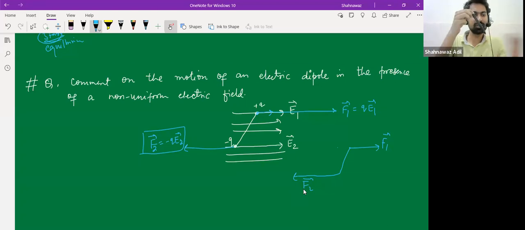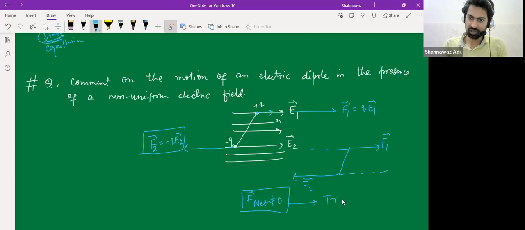And let's say this part has more force and this has lesser force. So it will move in this direction, right? So it will have a translation motion. F net is not 0.